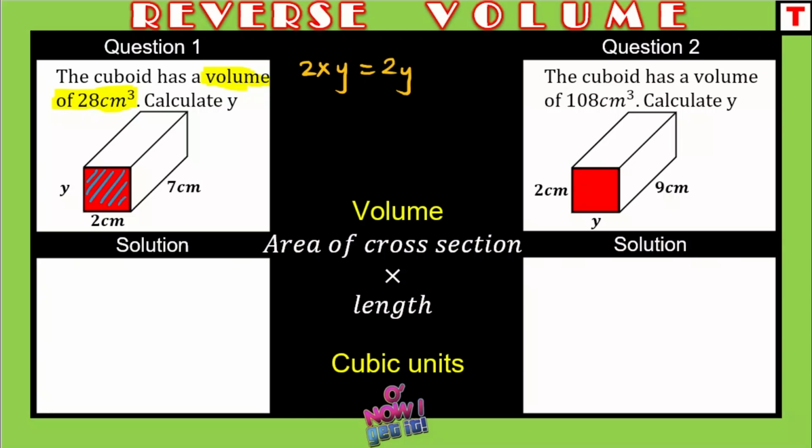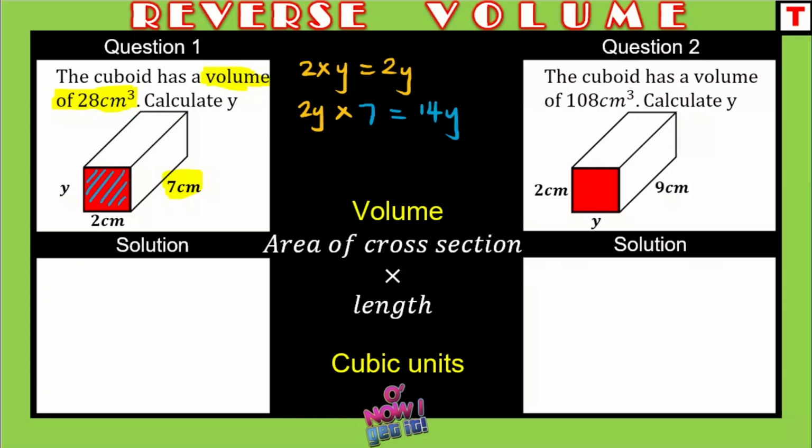Okay, and then when we have the area of the cross section, we multiply it by how long the shape actually is. So now we're going to do 2y, and we multiply it by how long the shape is, and the shape is 7 centimeters. So let's multiply by 7 centimeters, and this would now be 14y.